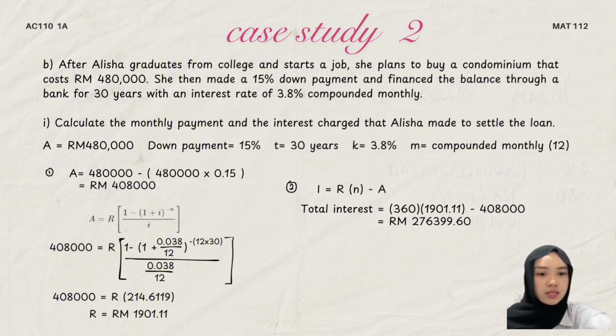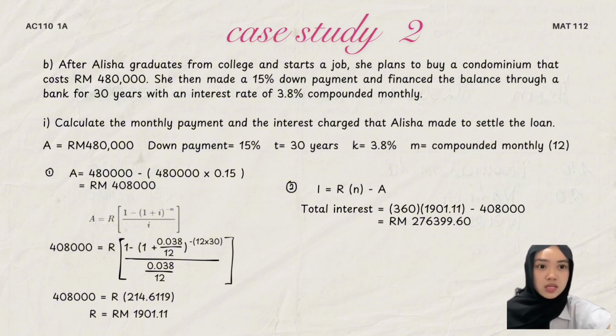So 408,000 equal to R multiplied by 214.6119. R is equal to 1,901 ringgit 11 cents. So the payment that Alicia needs to pay monthly is 1,901 ringgit 11 cents.